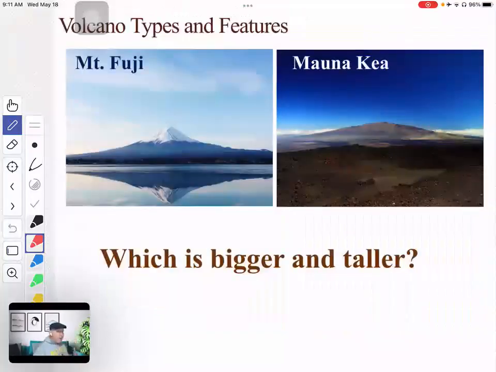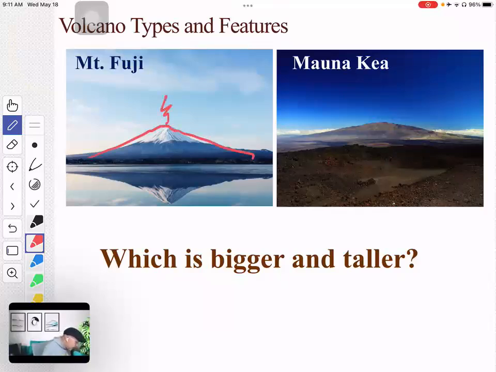Now you might think, okay, when we compare those two, which one would be bigger and taller? Bigger in extension, taller from the bottom up. Is it Mount Fuji, a classic example of a composite volcano?